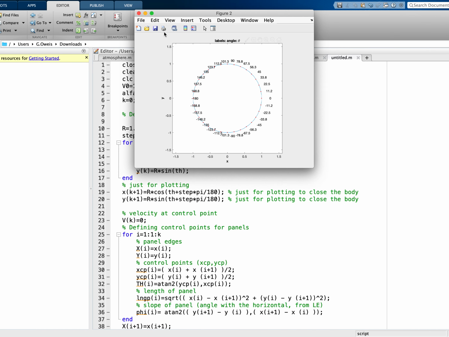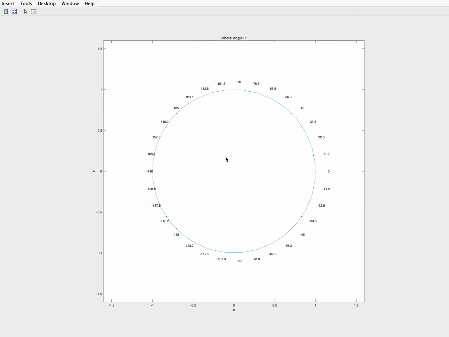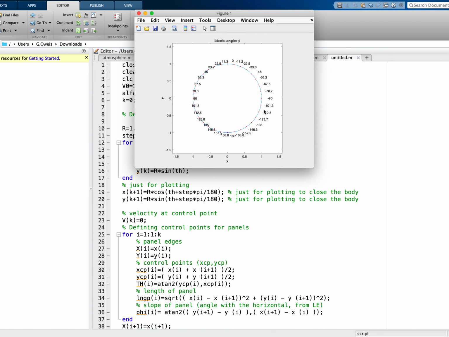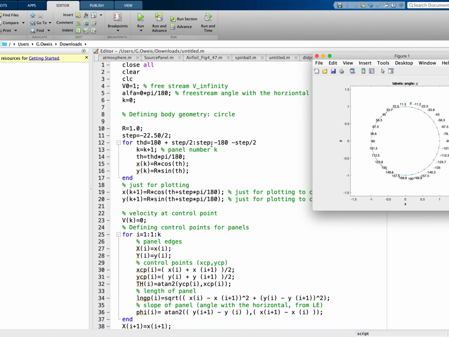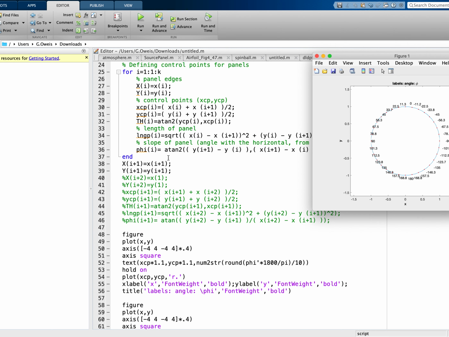And here, that's just the labeling of the angles, just to make sure, so that's your 90, that's your 0, that's your -180, and that's your -90. And this is the angle phi that the free stream makes. Here's your angle phi that we looked at before.